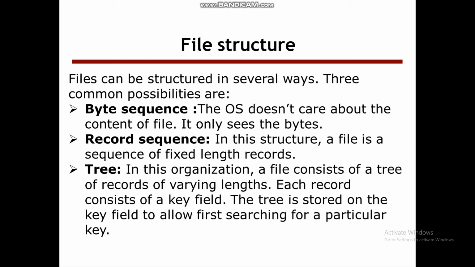In the record sequence structure, the file is a sequence of fixed length records. In the tree organization, the file consists of a tree of records of varying length, and each record consists of a key field. The tree is stored on the key field to allow fast searching for a particular key.